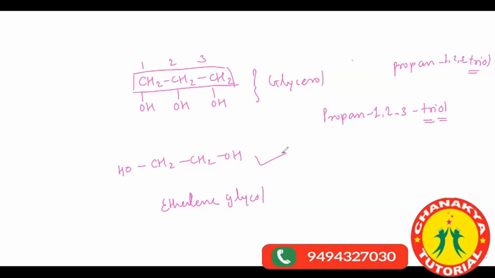There would be 2 OH groups instead of 3. So instead of triol, it is diol. Ethane-1,2-diol. Very good. Ethane-1,2-diol. Understood? Clear?